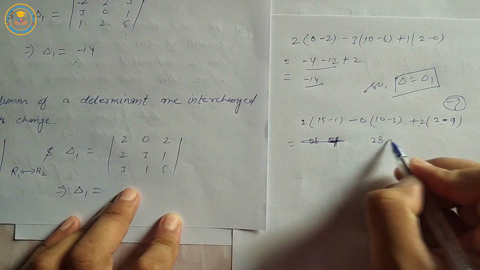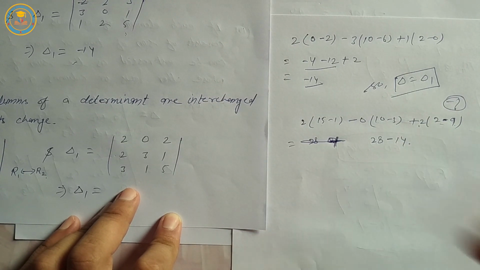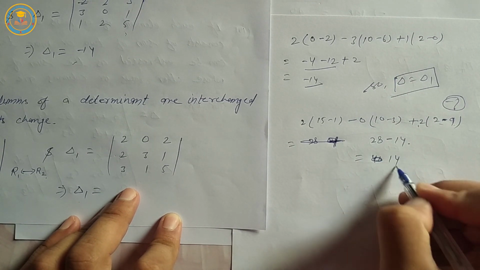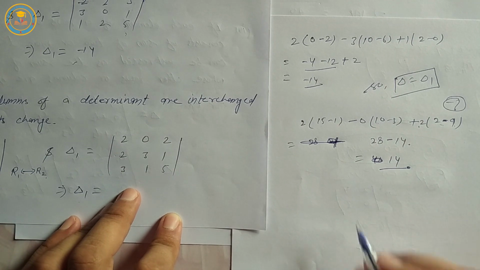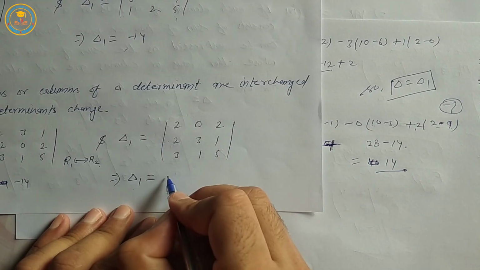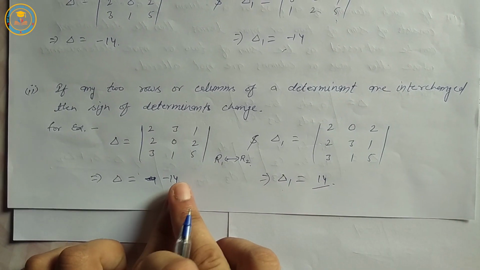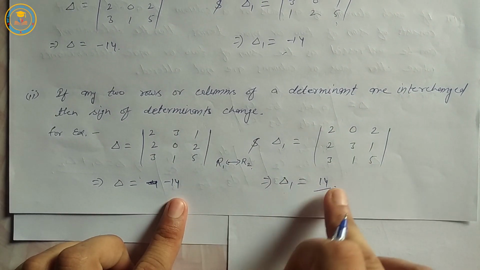It means 28 minus 14, it means 40, positive. Del 1 is equal to positive. Del is equal to minus 14 and del 1 is equal to 14.